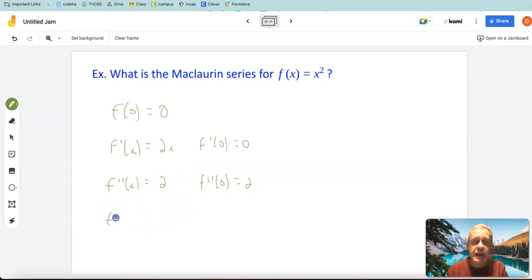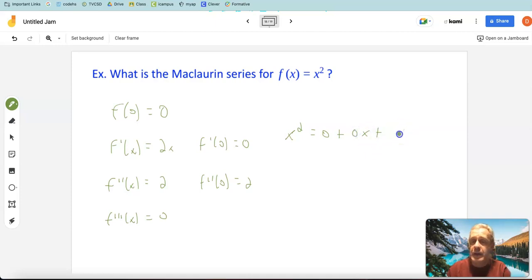And the thing is, after the second derivative of this function, the third, fourth, and so on derivatives are all going to be 0. So what that means for our series, if we use our Maclaurin polynomial now to piece everything together, well, that would mean that x squared would be, okay, f of 0 is just 0. So, okay, nothing there really. The next term is the x term, whose coefficient would be f prime of 0, and that's just 0.